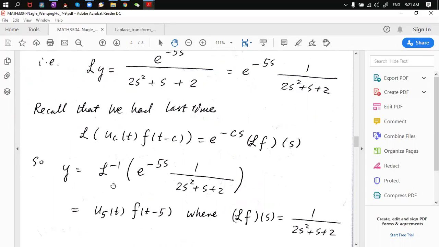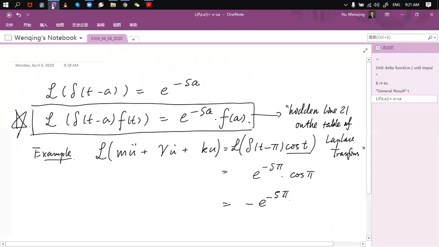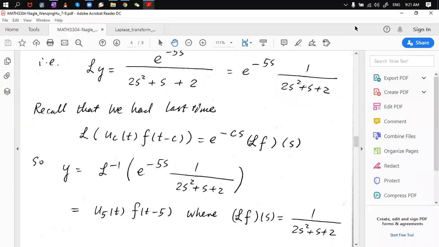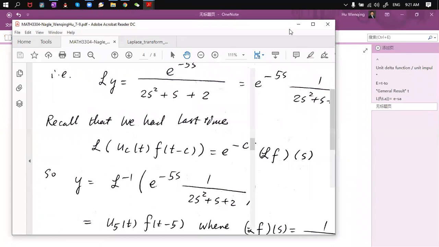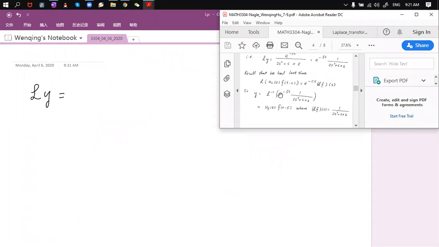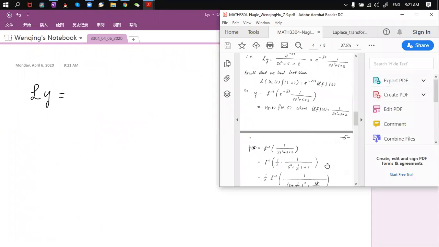So whenever you are applying this, what happened here is that it tells you the Laplace transform of y, according to this table. Let me make it larger.